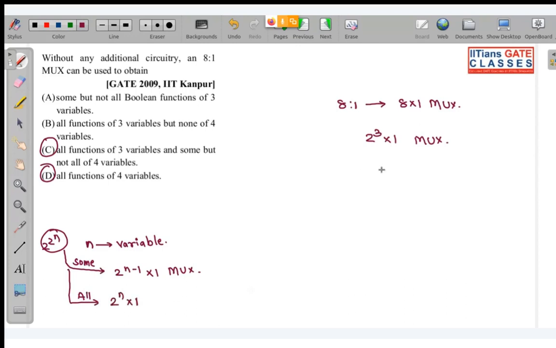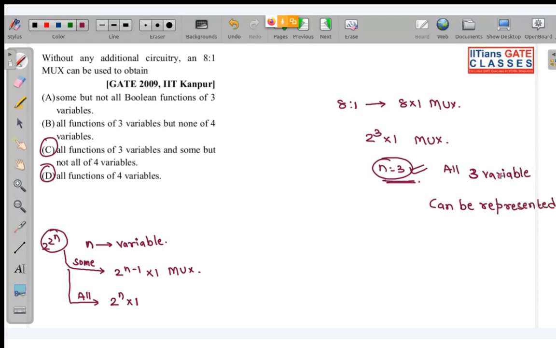So here you can see n is equal to 3. So if we have 8 cross 1 mux, basically all three variables can be represented using 8 cross 1 mux.